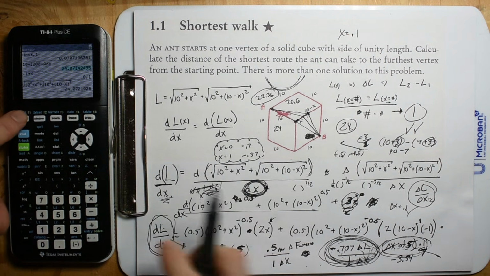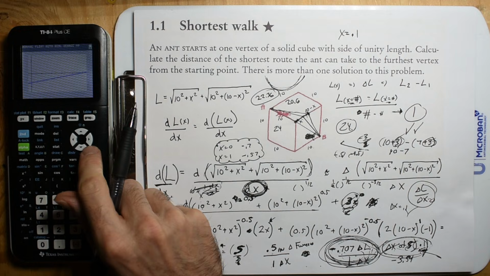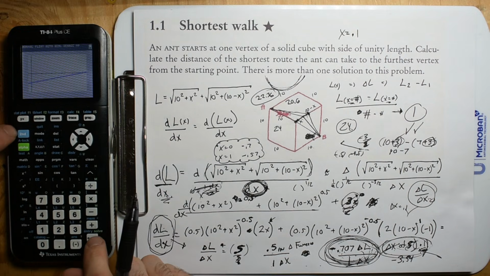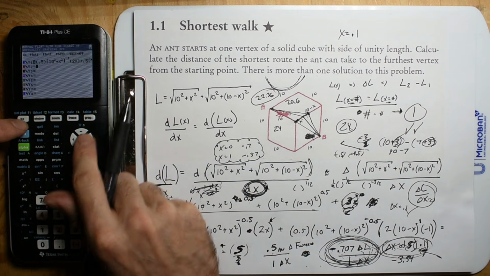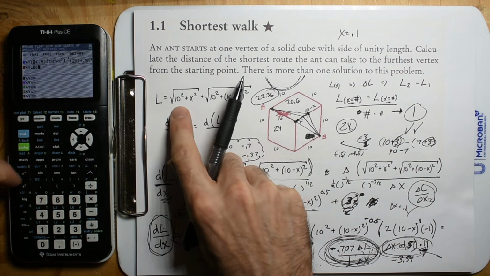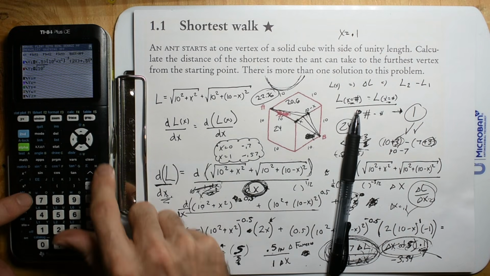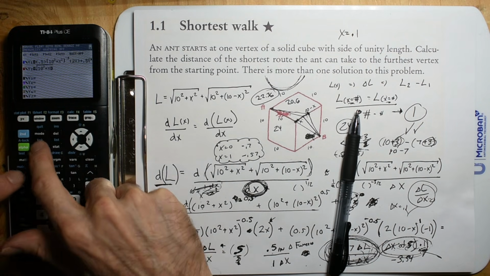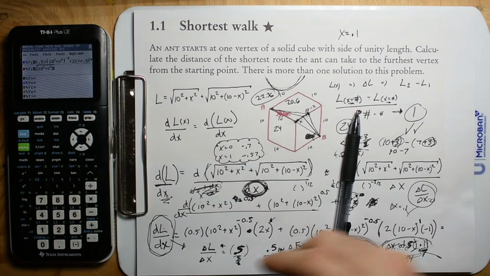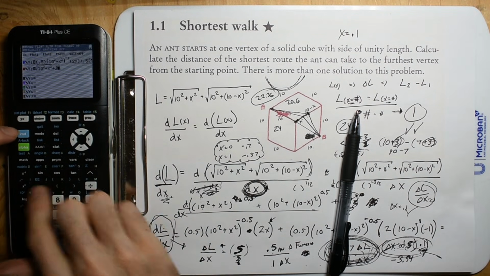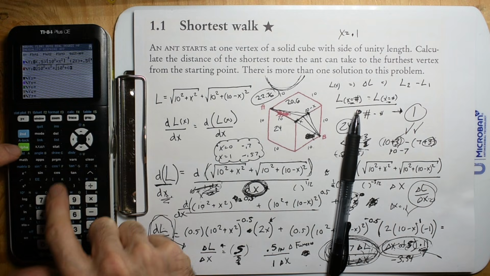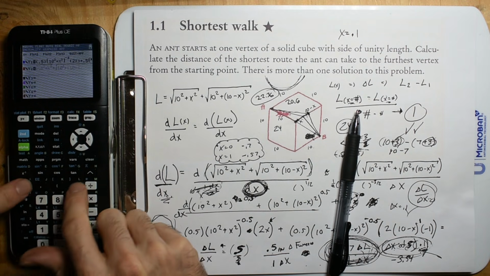But that's the whole point. Back to this graph, the graph we should be looking at probably is this one, just the actual length. So we're going to go square root of 10 squared plus x squared, plus the square root of 10 squared plus 10 minus x squared.